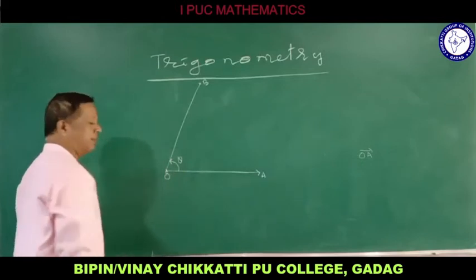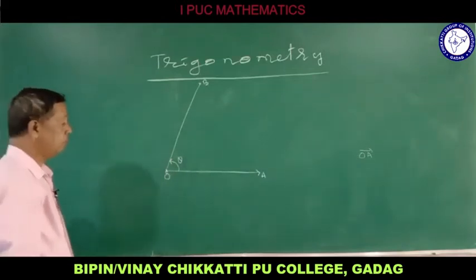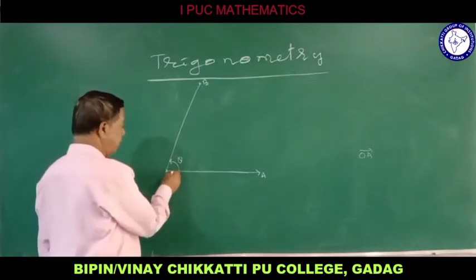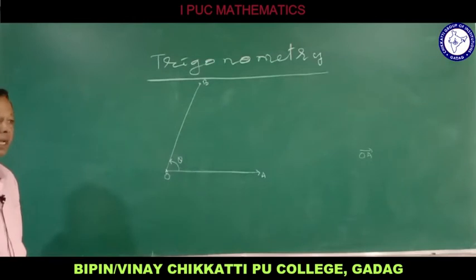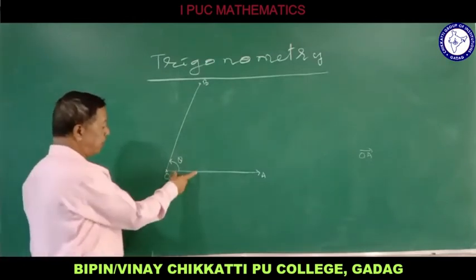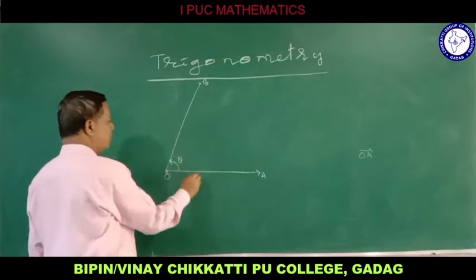That is called theta. So what is the angle? This is the amount of rotation. Once again, the amount of rotation from initial position to terminal position.